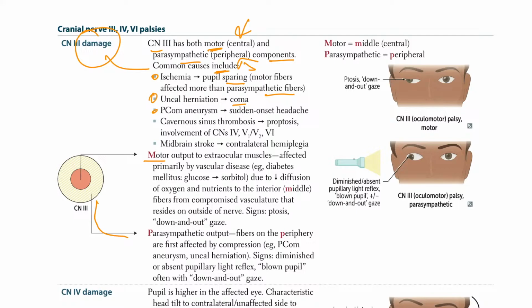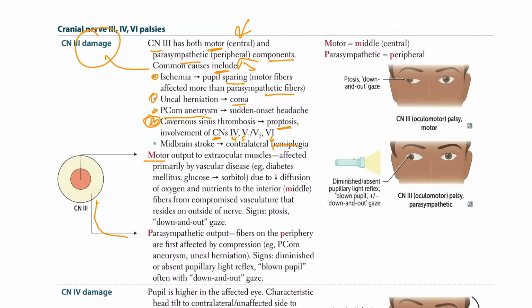PCOM, posterior communicating artery aneurysm, that's again in a moment, is a sudden onset headache. Okay, cavernous sinus thrombosis leads to proptosis and involvement of cranial nerves 4 and 5, V1, V2, and 6. And we will see that in cavernous sinus. Midbrain stroke leads to contralateral hemiplegia.